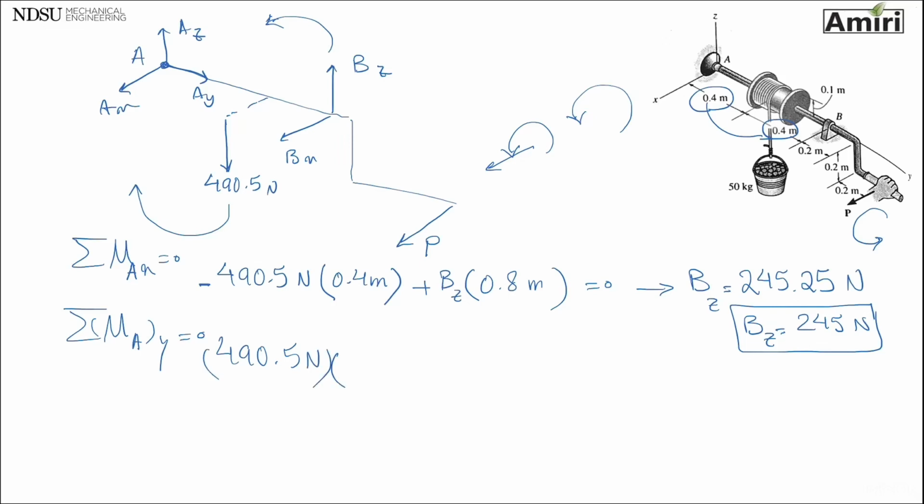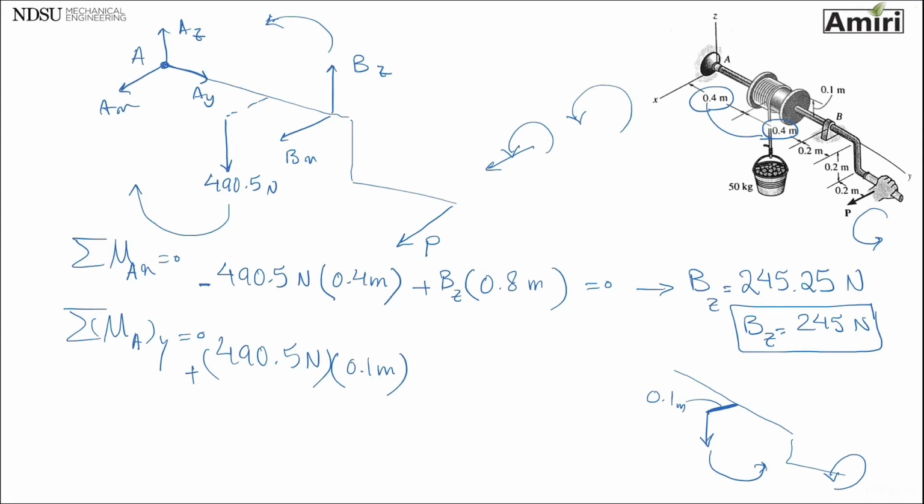This time the distance for it is like this. So it's trying to rotate the whole thing about y-axis. So the distance I need to look at is 0.1 meters. Direction of it is going this way, positive y.